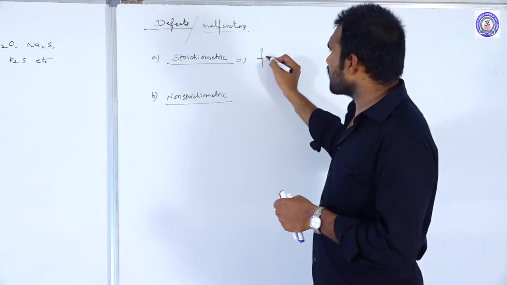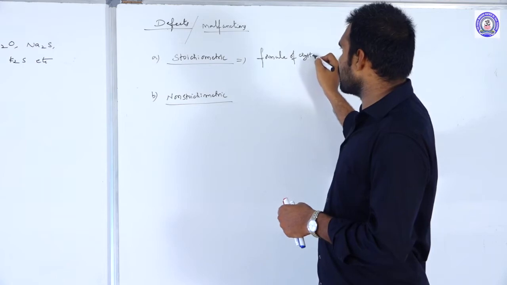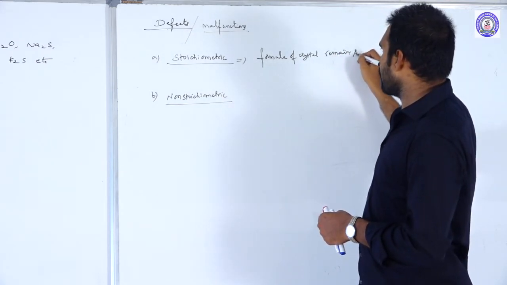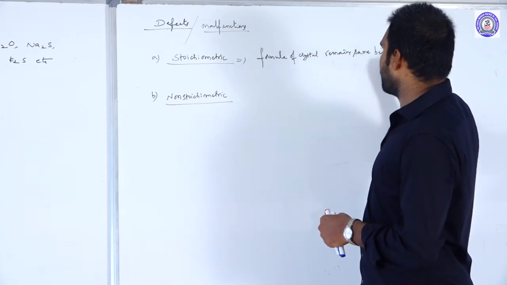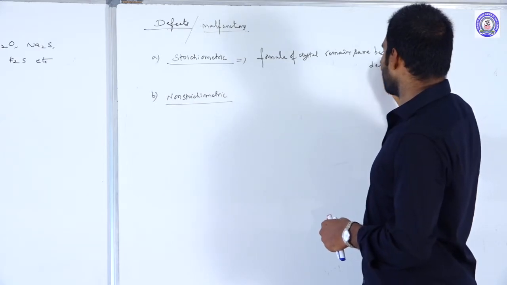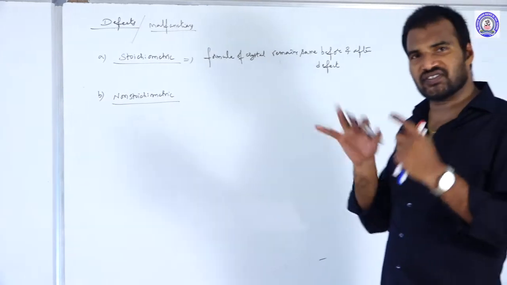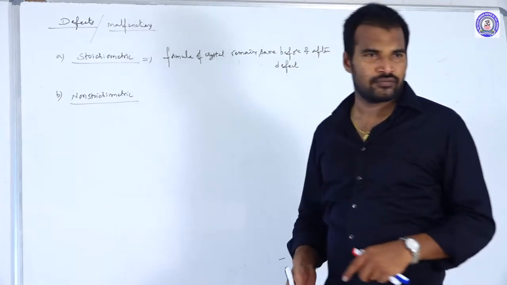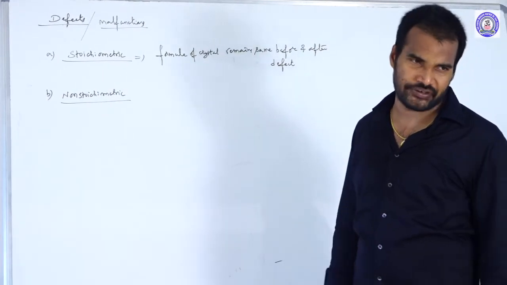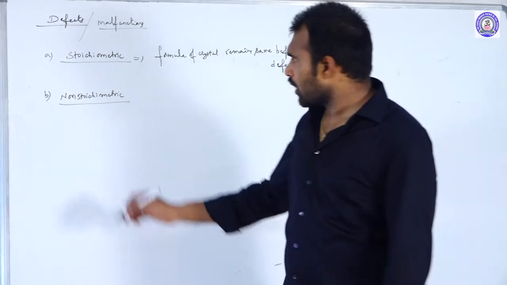The formula of the crystal remains the same before and after the defect. Even after the defects, the formula of this unit cell crystal remains the same. That is why we call these defects stoichiometric defects.